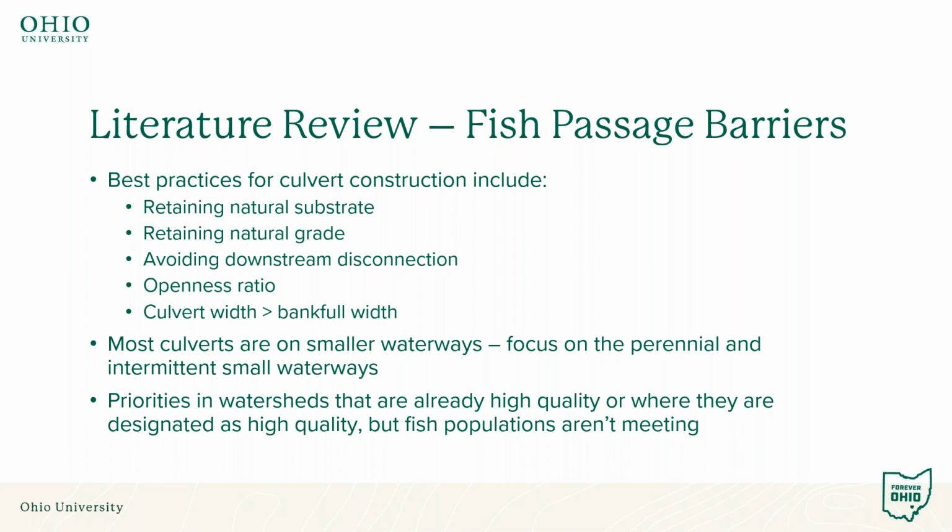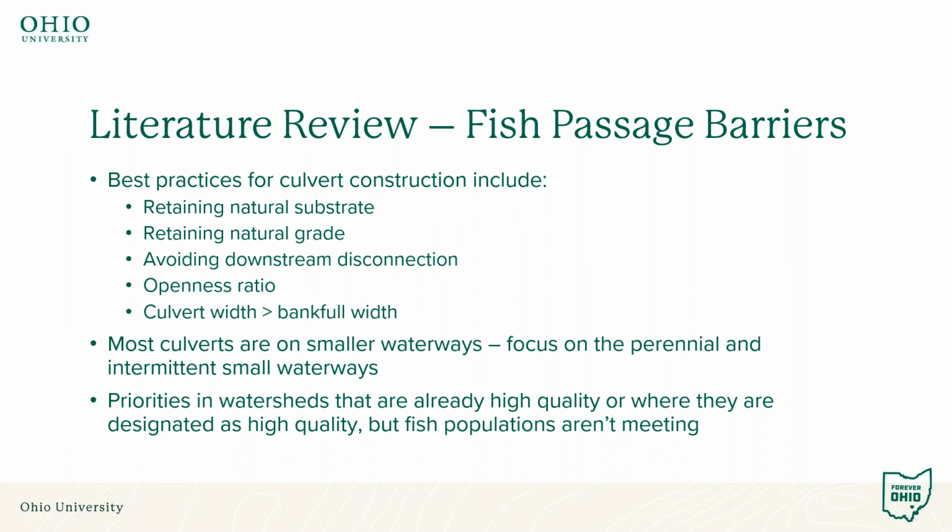We also, in reviewing the importance of culvert replacement and of removing fish passage barriers, the priority generally should be given to watersheds that are high quality already, or where they're designated as high quality, but fish populations aren't meeting the targets, where additional connectivity through a culvert replacement may improve those fish populations and allow a watershed to meet its aquatic use designation.